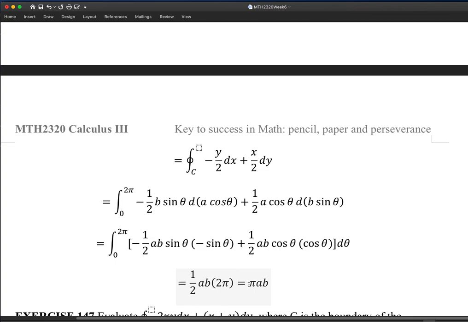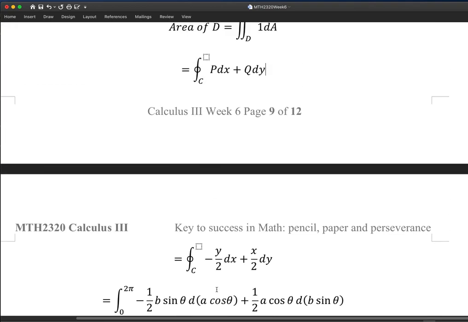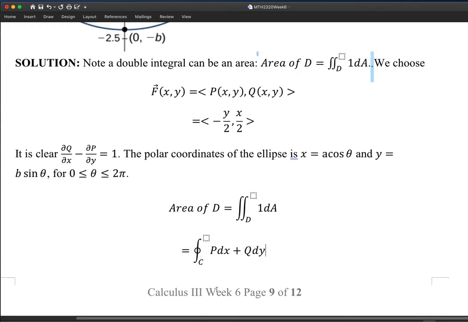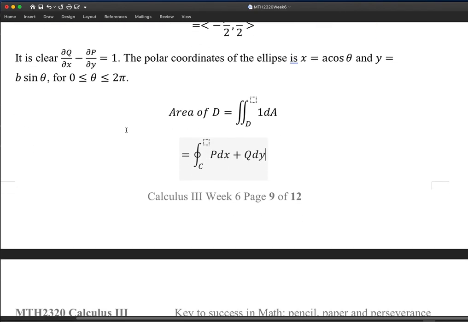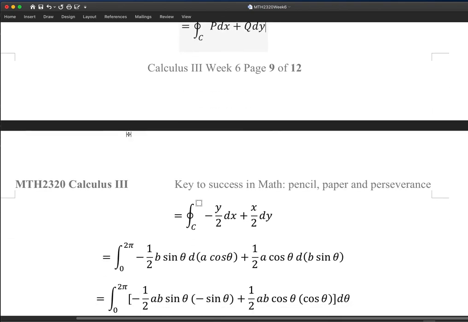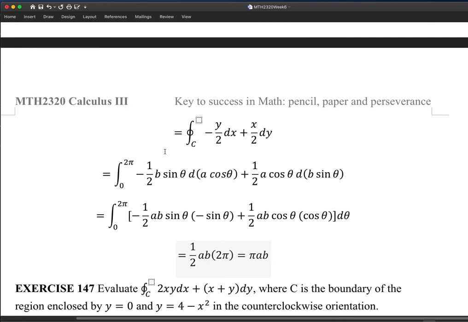So accordingly, we just figured out, using calculus, the area enclosed by the ellipse. It is pi times ab. So this is another way to consider a line integral using Green Theorem.